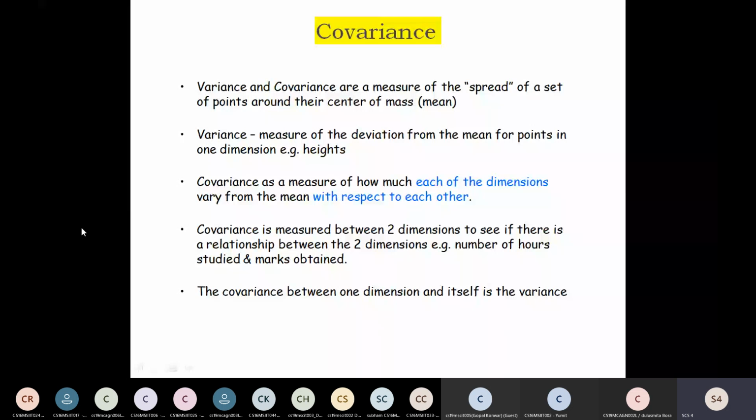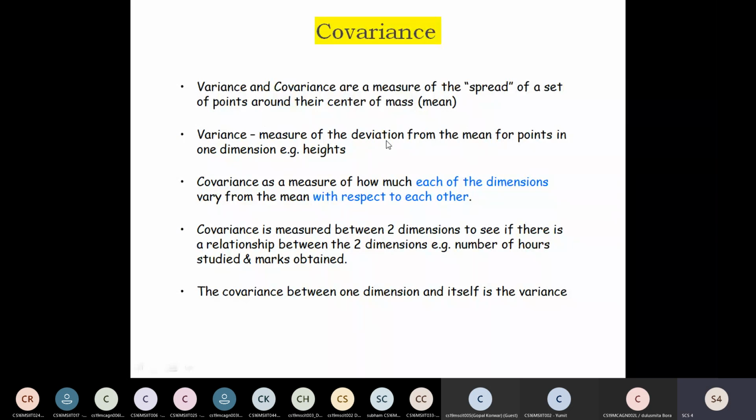Similarly, we have some center and surrounding it those data points. So variance and covariance are the measures of the spread of a set of points around that center or mean, because you know that we get the centroids with the help of the mean, so that's why we are referring to it as mean here.